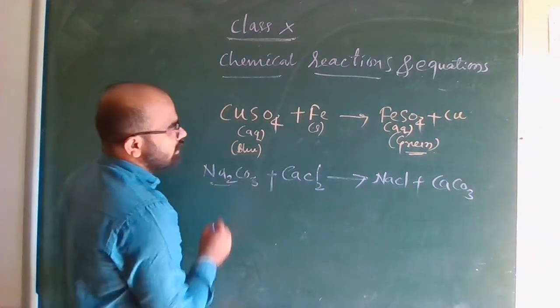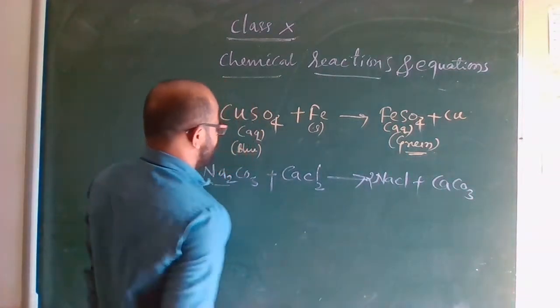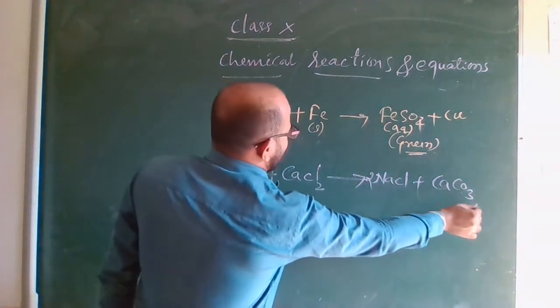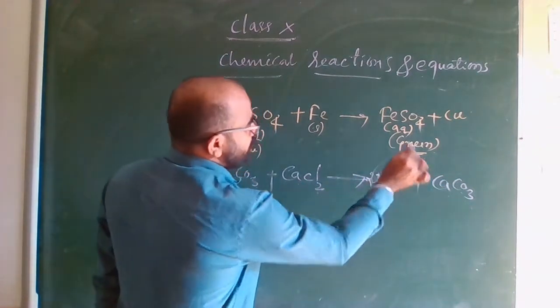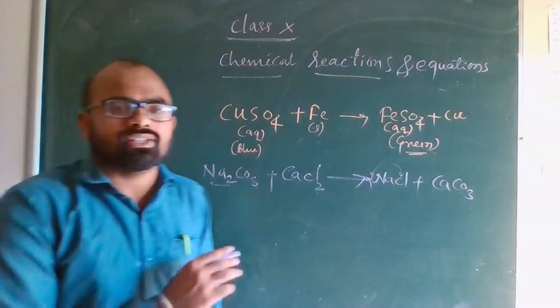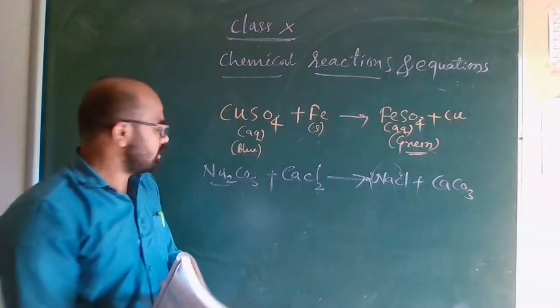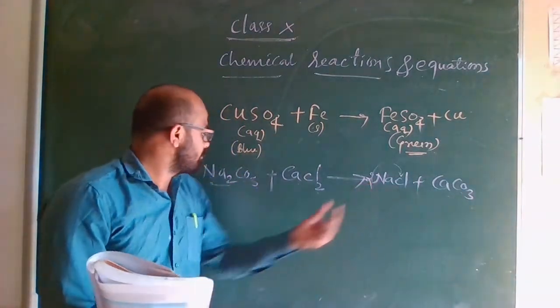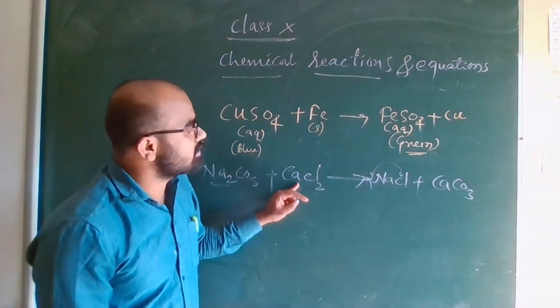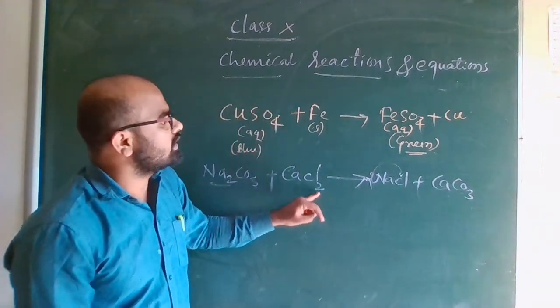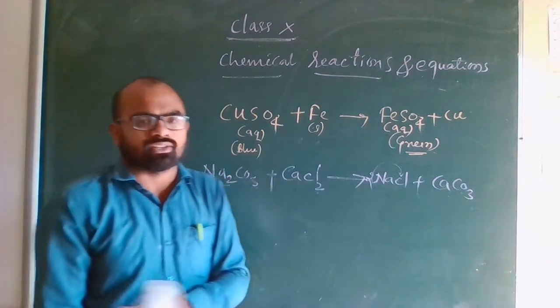So Na2 is there, so let me balance it with 2 here. CO3, CO3, Ca, Cl2, 2Cl. So it is balanced. So it is a balanced chemical equation. CO3 on the other side, CO3. Ca is there. Cl2 are there, 2Cl is there. So that's done.